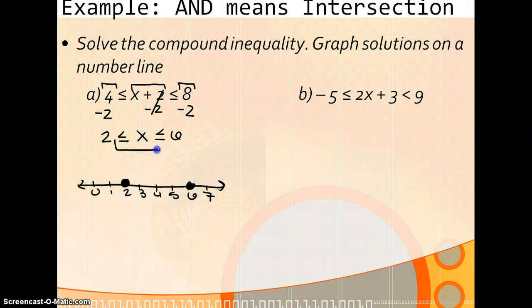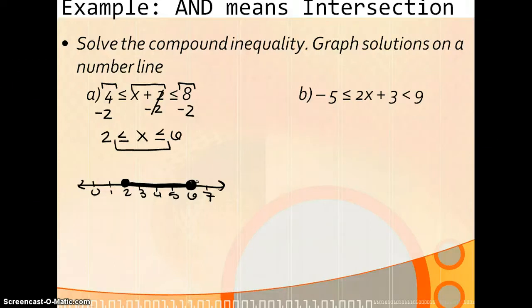Because the inequalities encase, if you will, the x, you're actually going to graph in between. And as you can tell, it's literally an intersection. It's a portion of a number line, and it's a bunch of different solutions, and there are no arrows in this. So it's an intersection of all possible options.